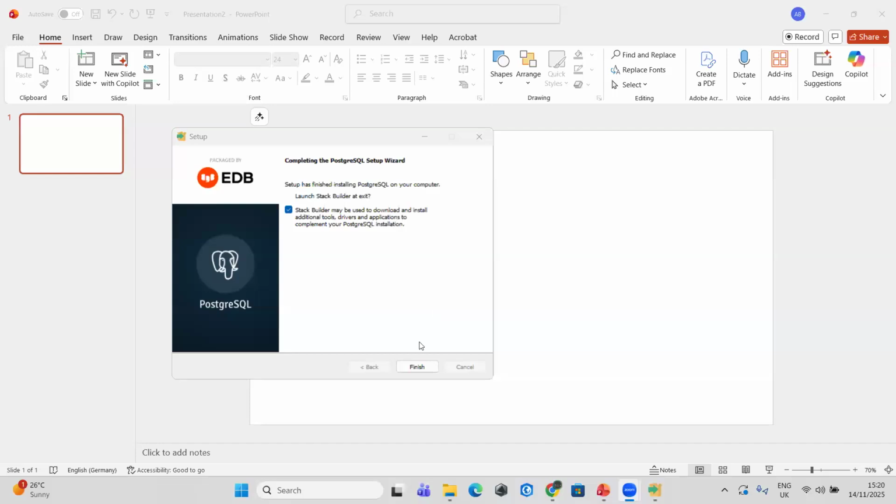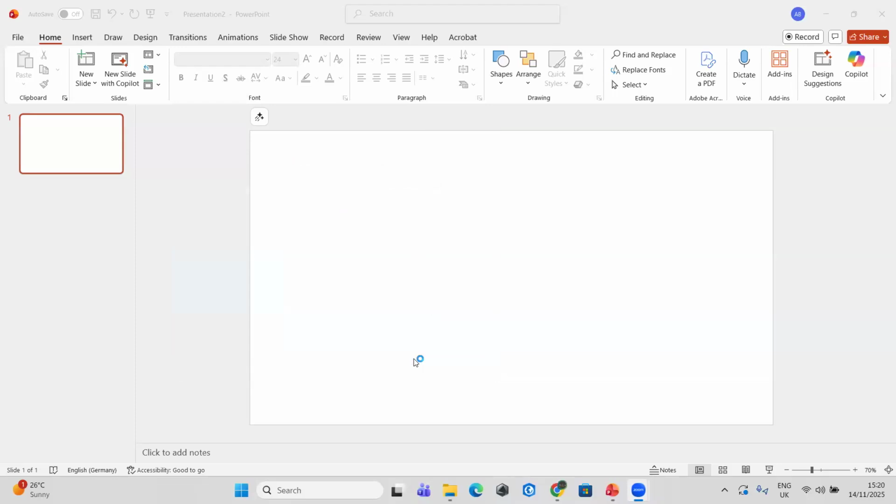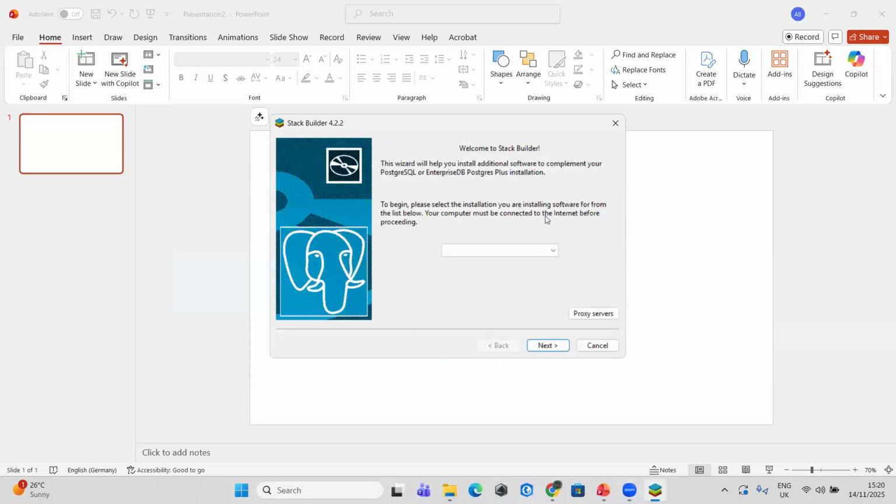Now this Postgres is installed now. Just PostgreSQL, finish it. Almost. Wait, wait. Welcome to Stack Builder.